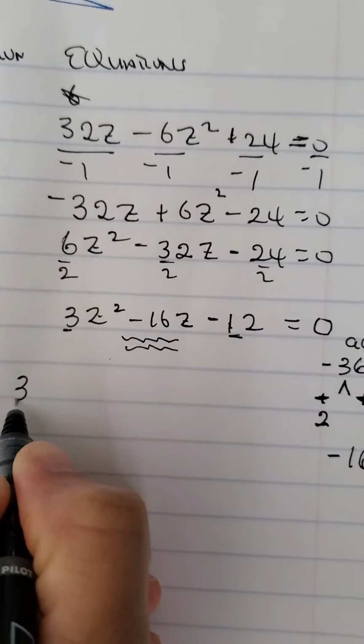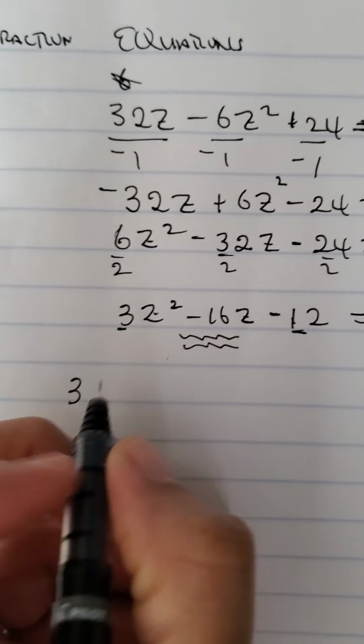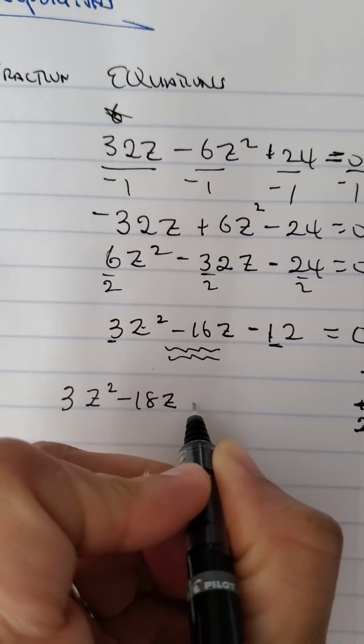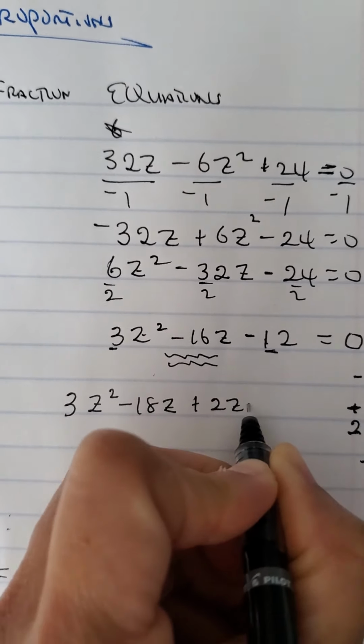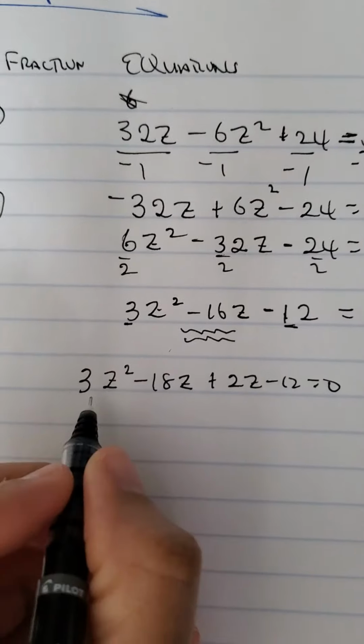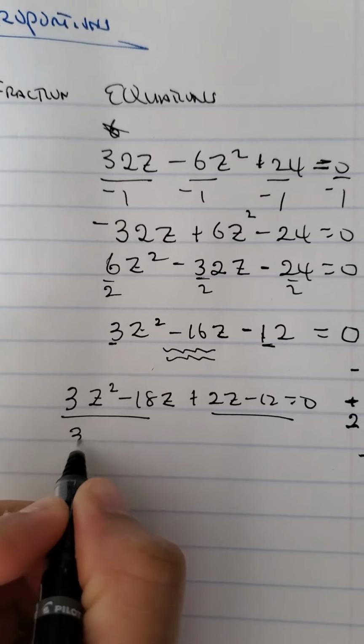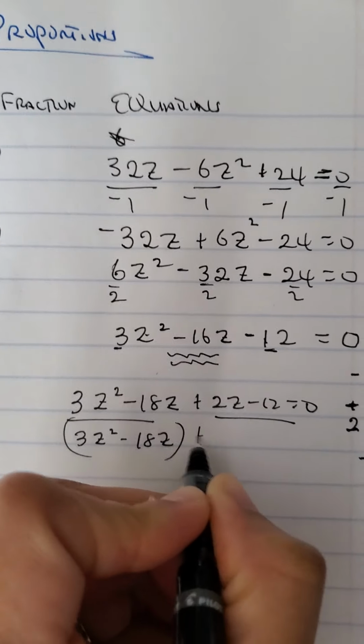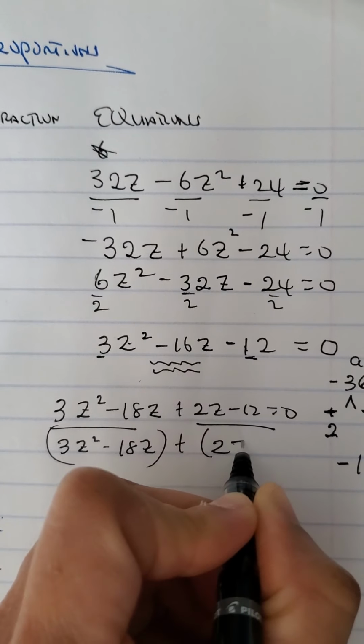So here we go. Let's take our trinomial and now make it into 4 terms so we can factor by grouping. And then now I'm going to, by default, form 2 groups and then factor the individual groups.